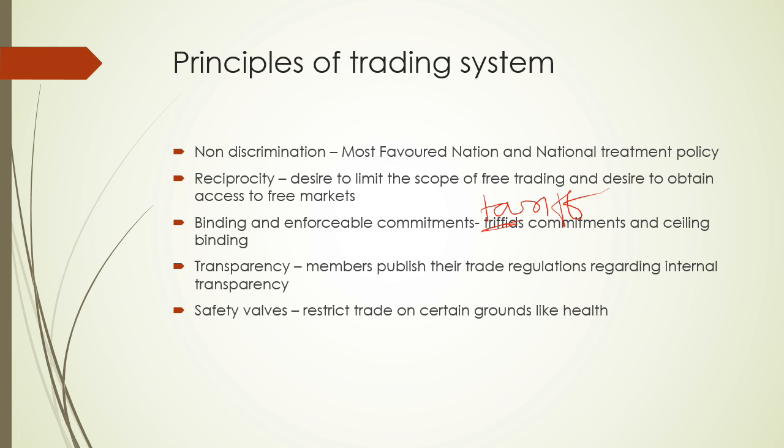Safeguards: restrict trade on certain grounds like health. As I said, Indian mangoes were earlier banned in Europe because they cited the reason that it had pesticides. So like that, to prevent any spread of disease and such kind of reasons, they use this safety valve to prevent import or export.